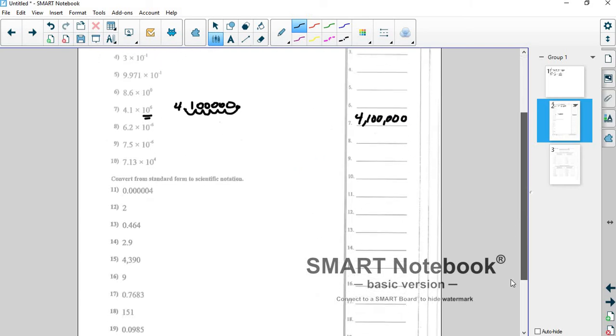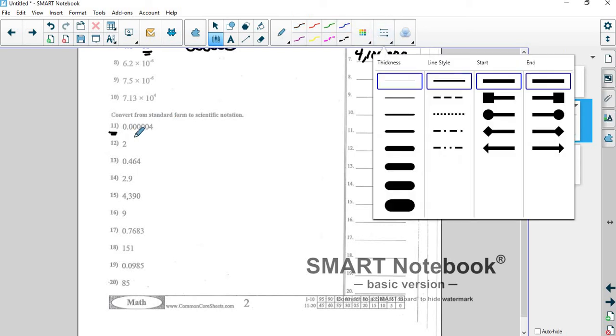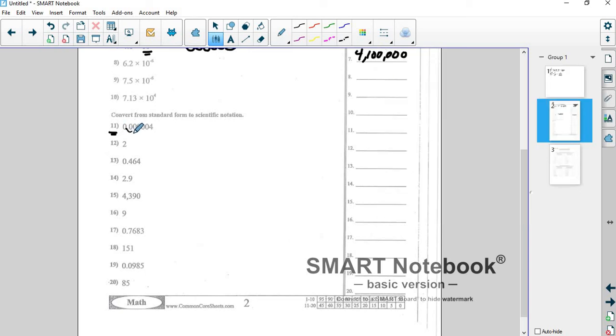If we're going the other direction, like number 11, we have 0.000004. So first of all, I have to make that a number that is between 1 and 10, not including 10, a 1-digit number, units digits anyway. And so I move this decimal point 1, 2, 3, 4, 5, 6 places, and I get to 4.0, just 4.